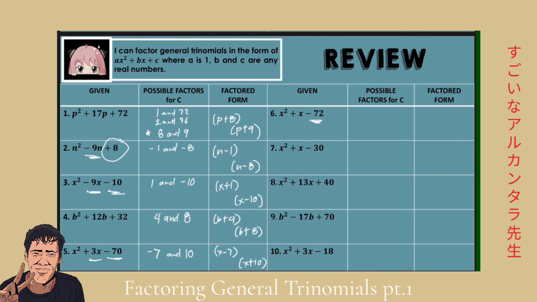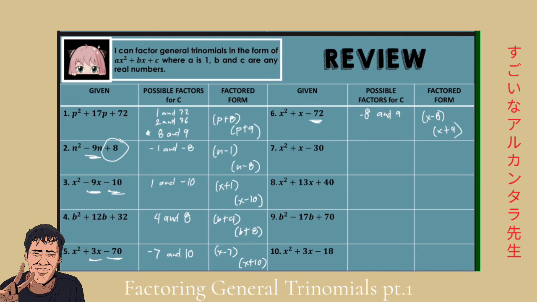So you have to be careful with this one again. The higher term should be positive since the middle term is positive x. So we can have 8 as your negative number and 9 as your positive number. If you add these two numbers, the answer is 1. And if you multiply these two numbers, the answer is negative 72. So you get x minus 8 and you get also x plus 9.